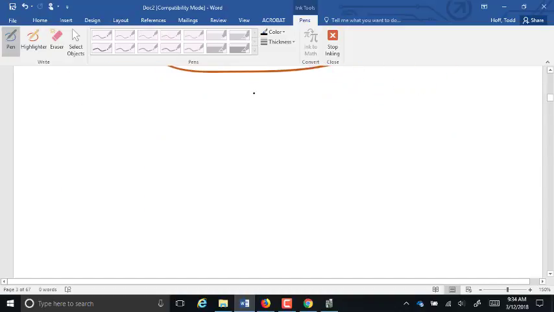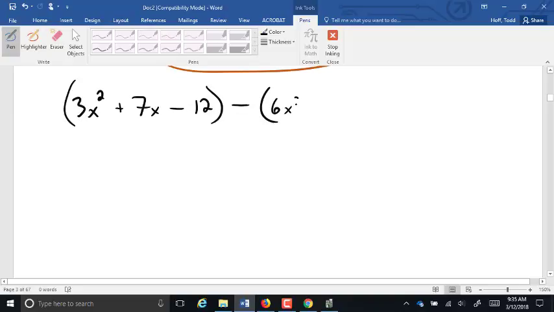Subtraction is where it can get rather confusing because of the positives and negatives. We might have 3x squared plus 7x minus 12 minus 6x squared minus 9x plus 4.